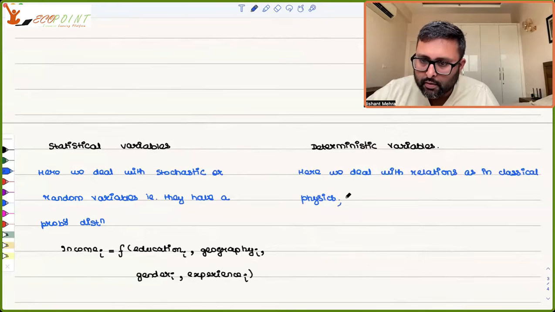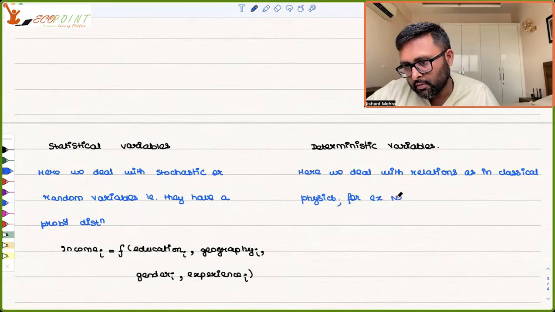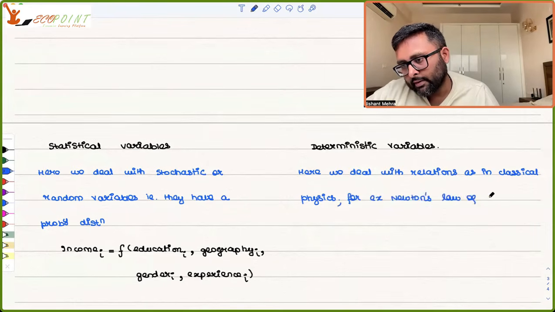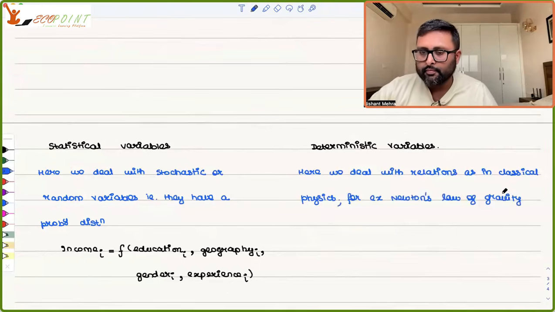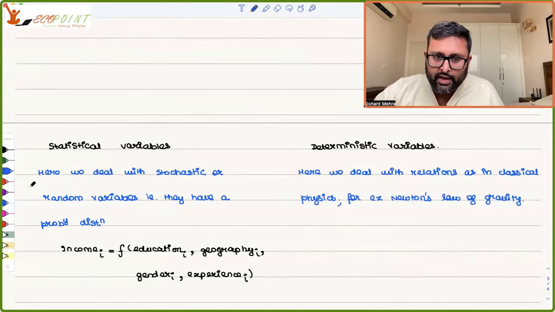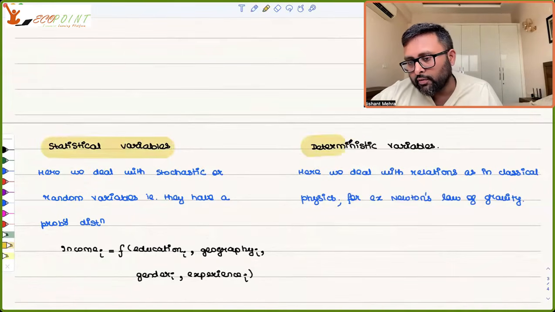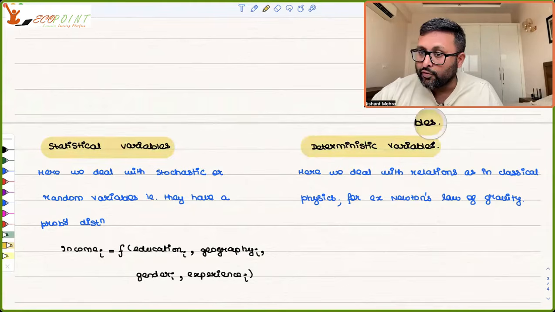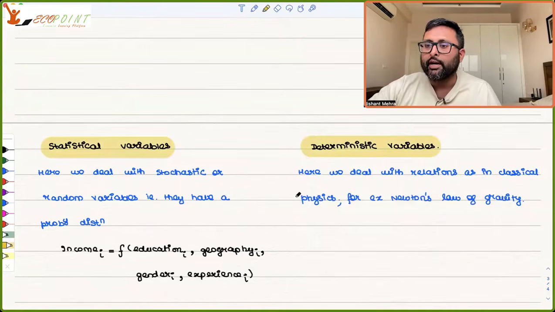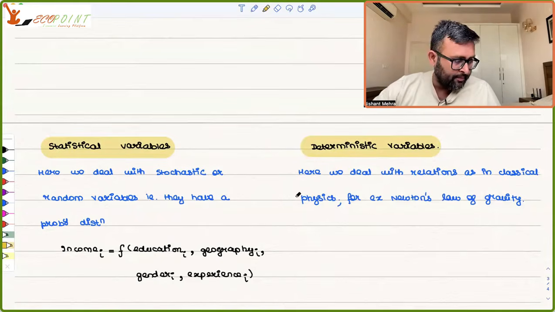For example, Newton's law of gravity. You know the things which are going to affect gravity, so if you know that, you will be able to find out the relation. That's a deterministic relation, right?